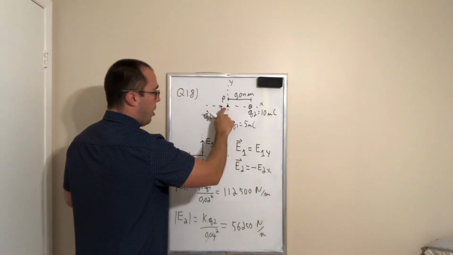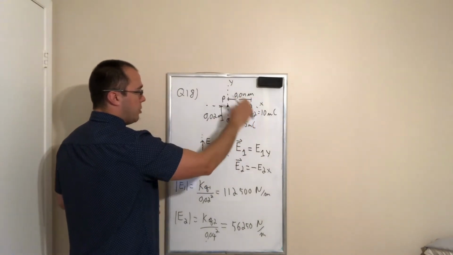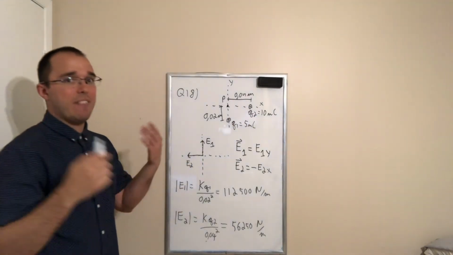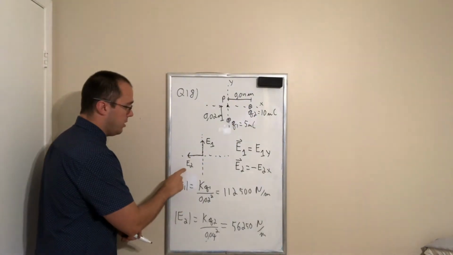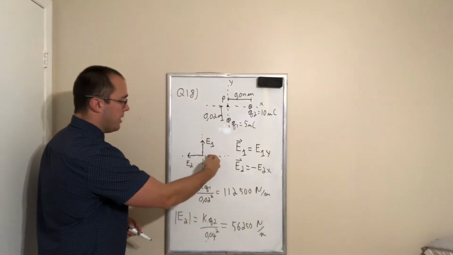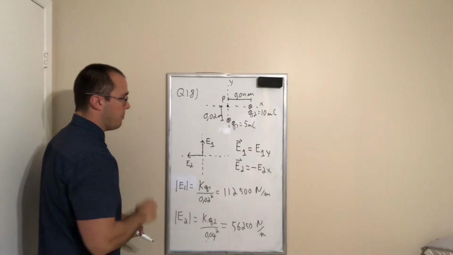So from the point of view of P, the electric field line from the second charge is pointing toward the negative x-axis. So E2, the electric field created by the second charge, is pointing in the negative x direction.